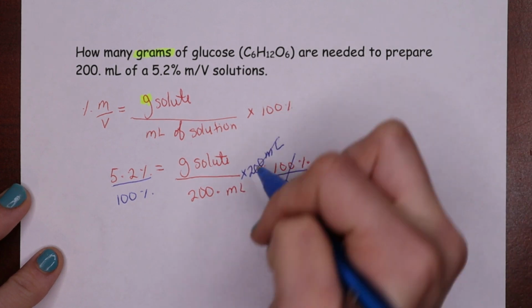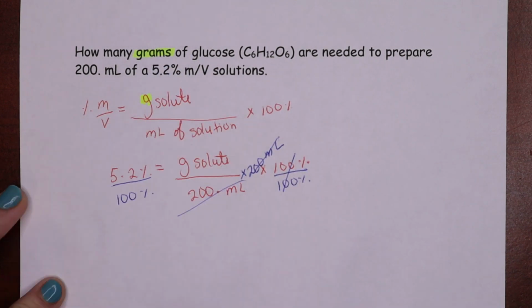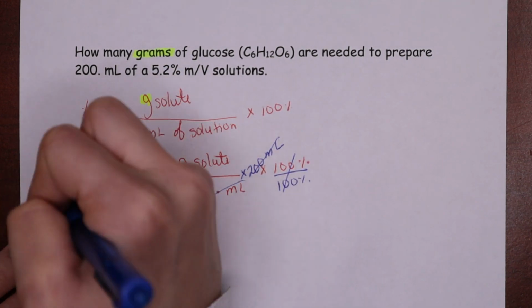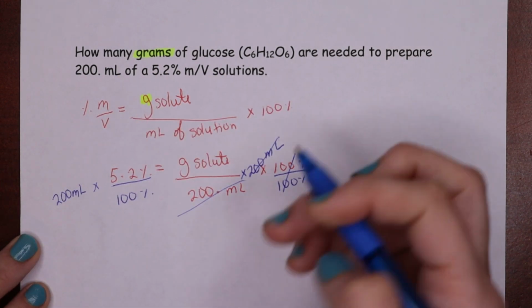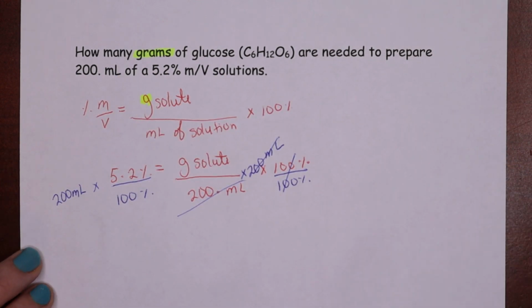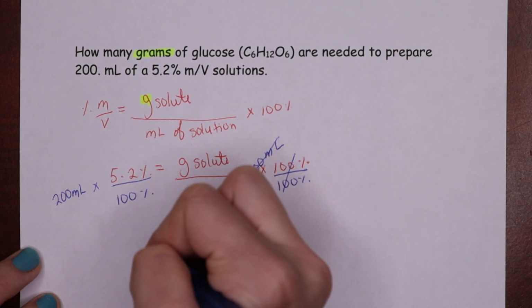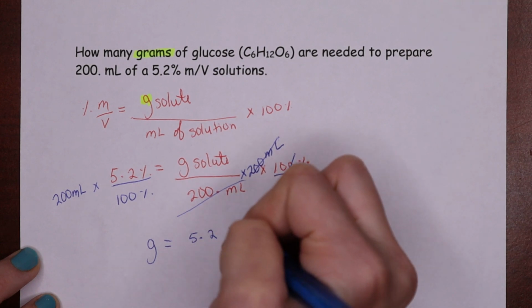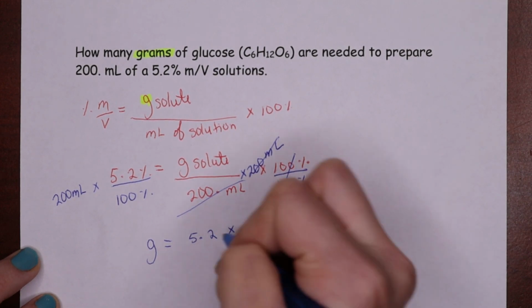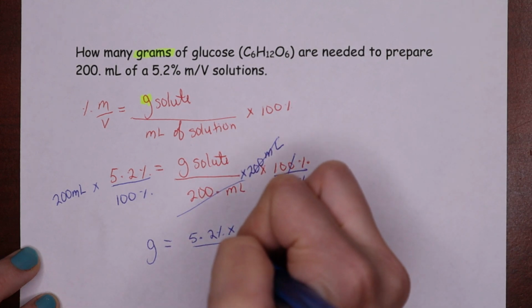This is able to cross out this over here, and whatever I do on this side, I have to do on this side. So this times 200 milliliters. So now we've isolated it. Really, what we have is grams equals 5.2 times 200 over 100%.